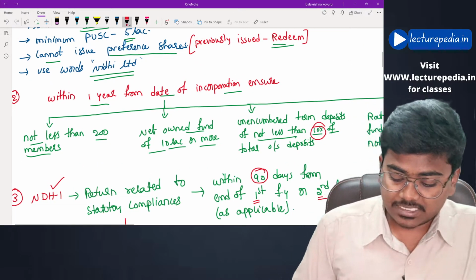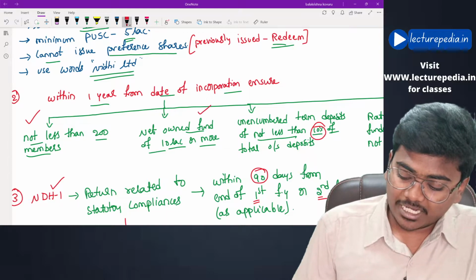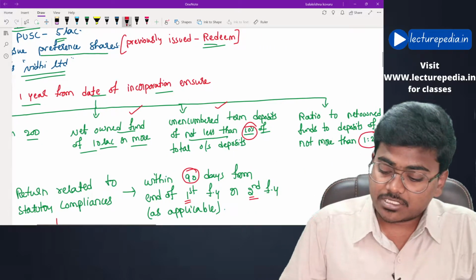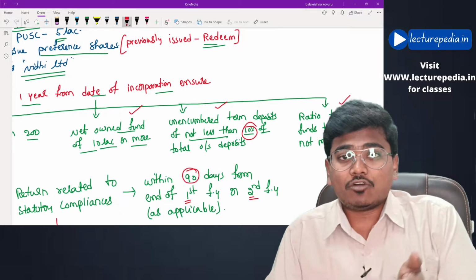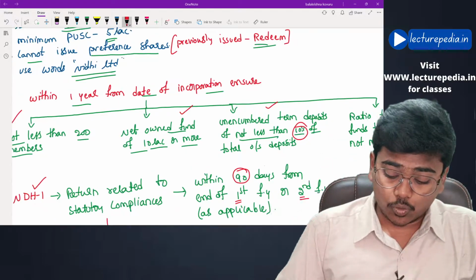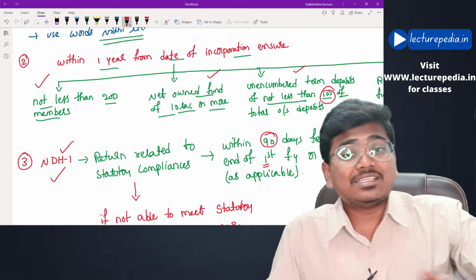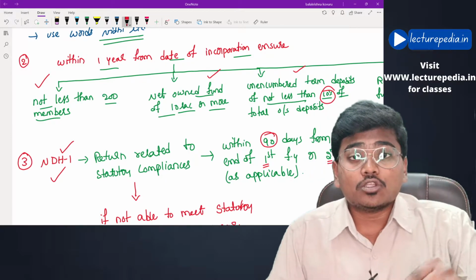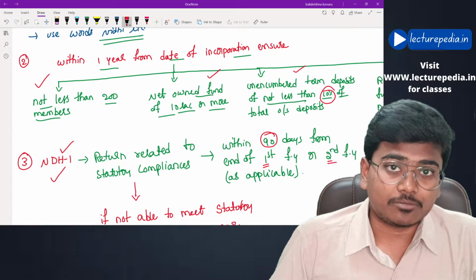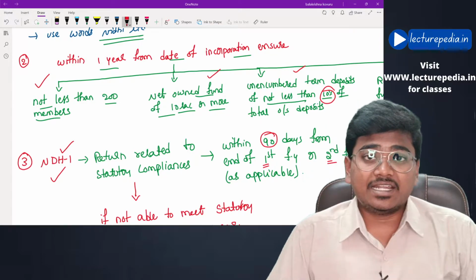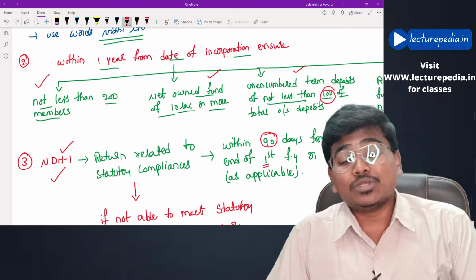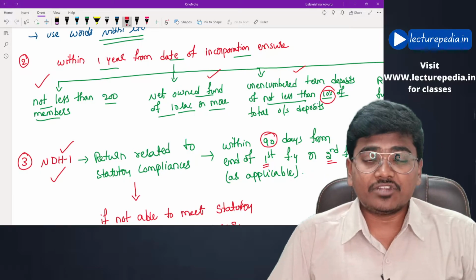Previously we discussed that there are 4 requirements that the Nidhi company must fulfill within 1 year of its incorporation. Now this NDH1 states whether the Nidhi company has fulfilled those 4 requirements or not. This NDH1 must be filed within 90 days from the end of the financial year.